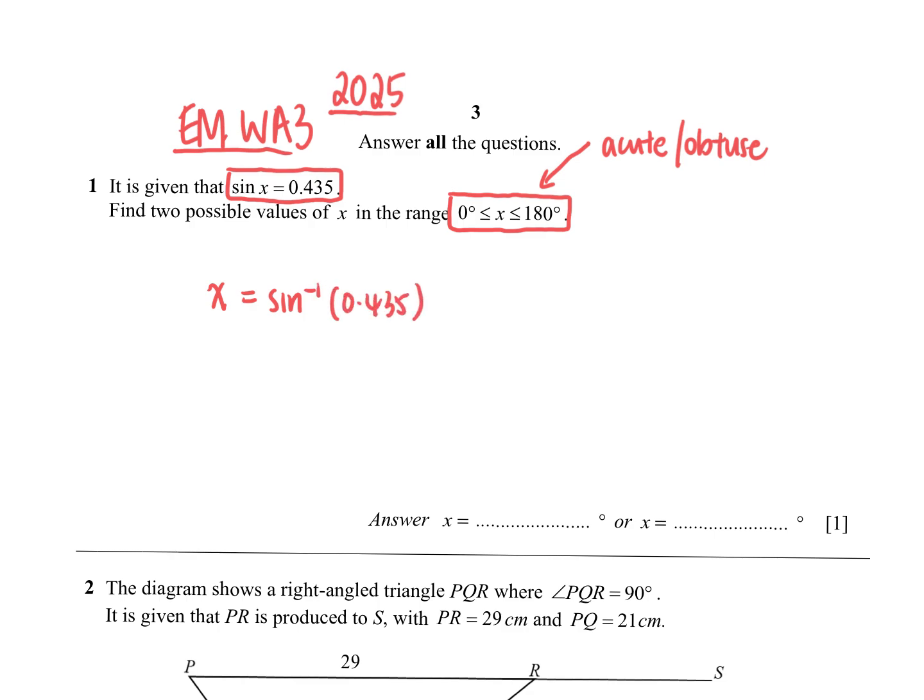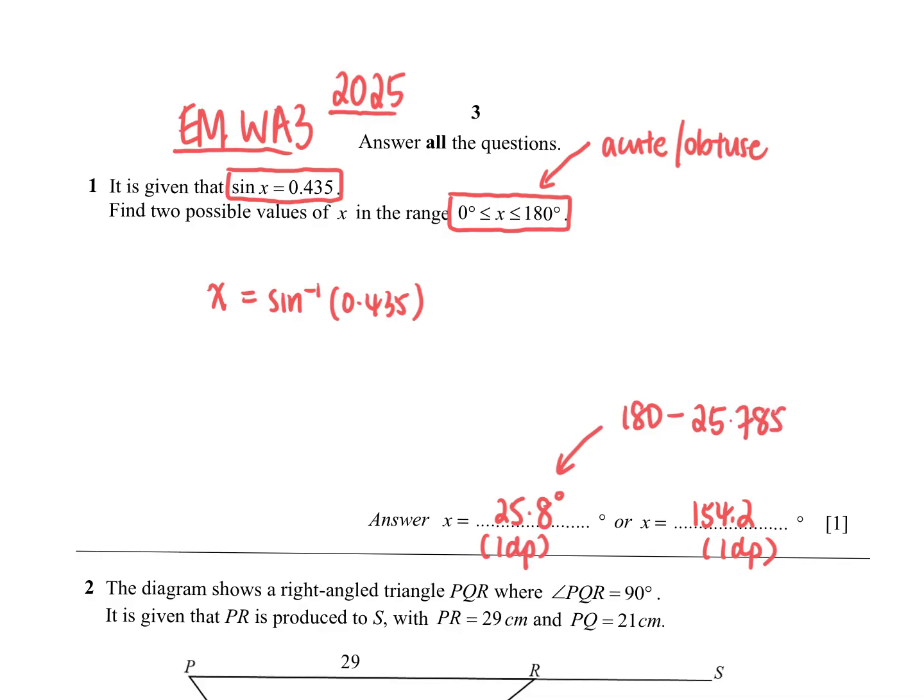This one is a giveaway. So one answer is 25.8, 1 dp. The other answer is 180 minus this, so 154.2.